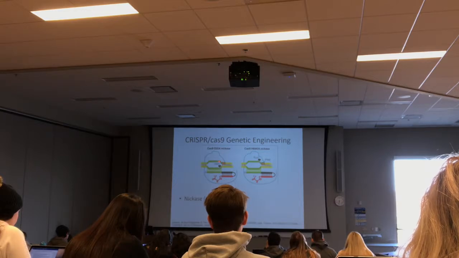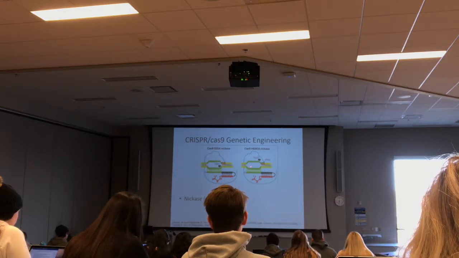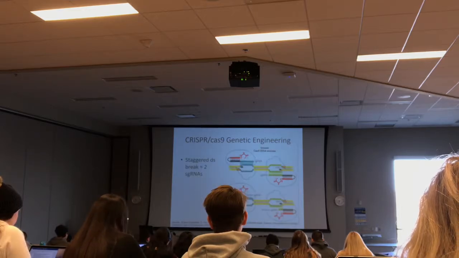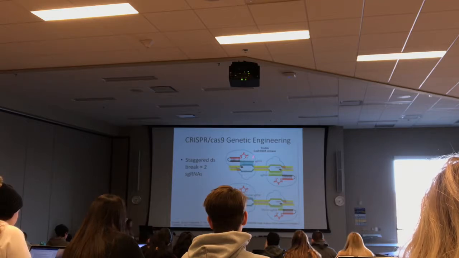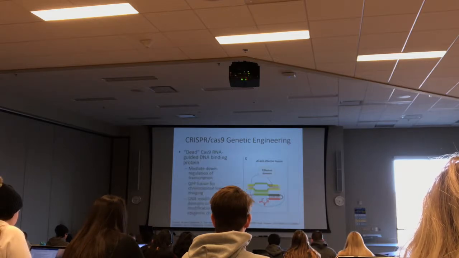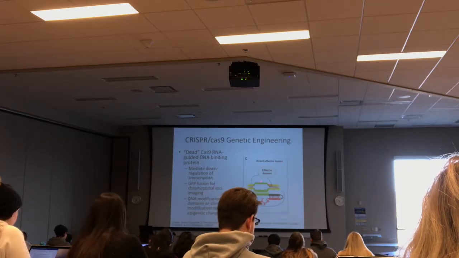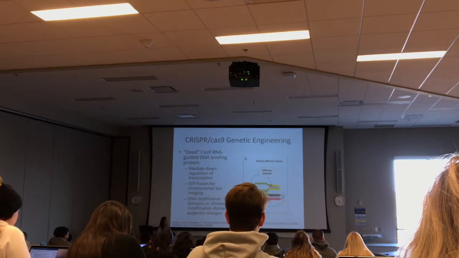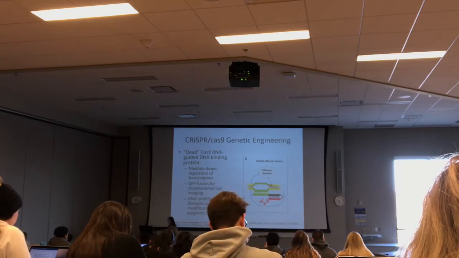You do that by mutating one of the domains to make the enzyme dead on that side. You can use two guide RNAs to make a staggered cut, right? Instead of just that blunt cut, double-stranded break, you can make a staggered cut. And then you can make both enzymatic domains dead, so mutate the HNH and the RuvC-like domain, and attach an effector domain.